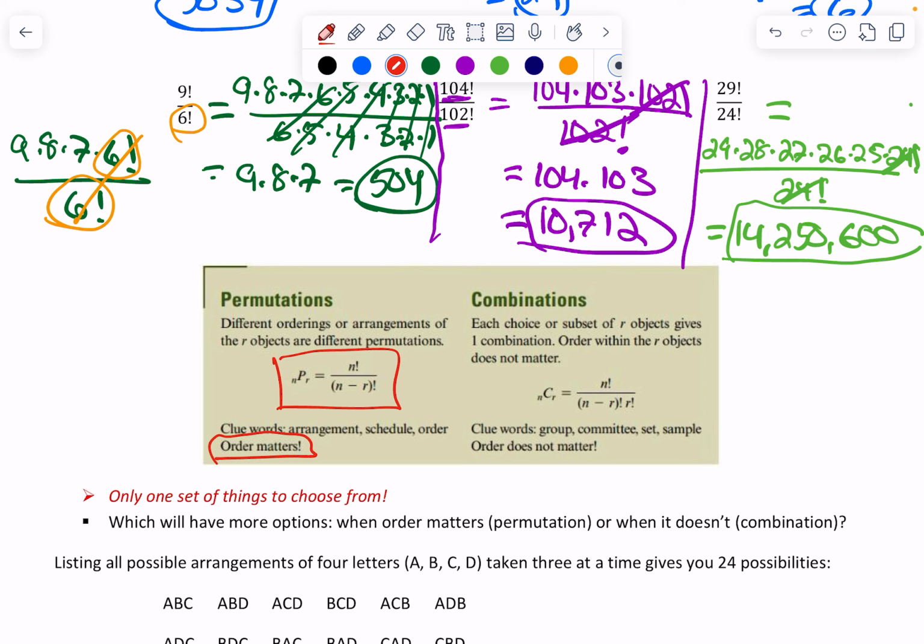Order matters in this one, whereas in the combination, order does not matter. Each choice or subset of r objects gives one combination. Order within the r objects does not matter. So there's your combination.